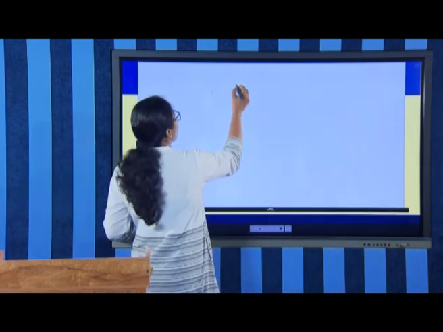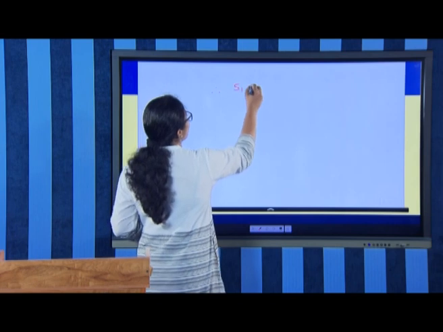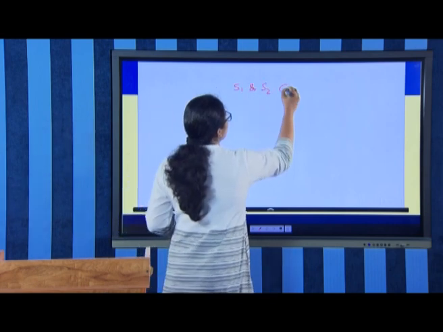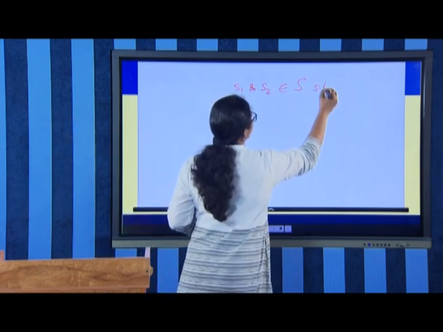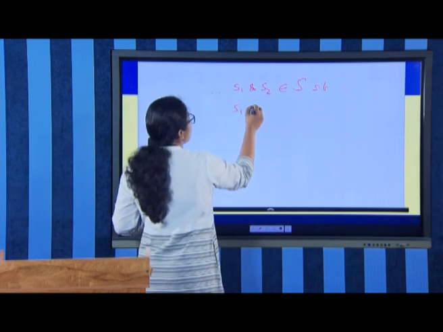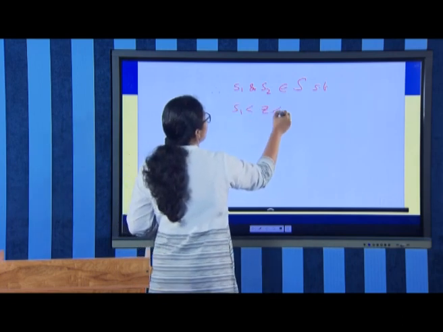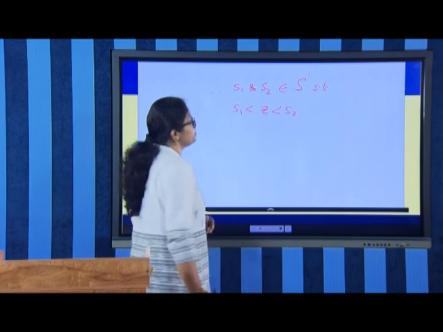Therefore, we have two elements S1 and S2 in S such that S1 is less than Z less than S2.